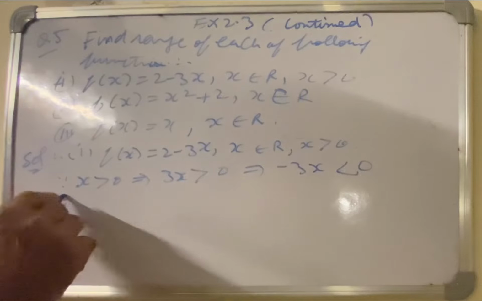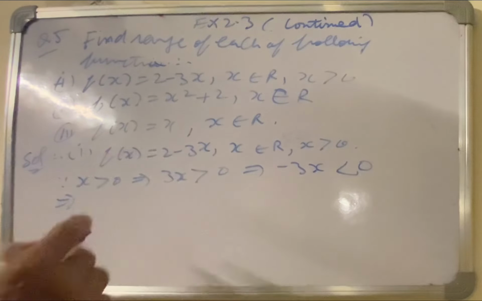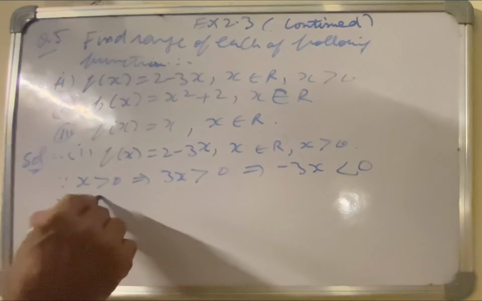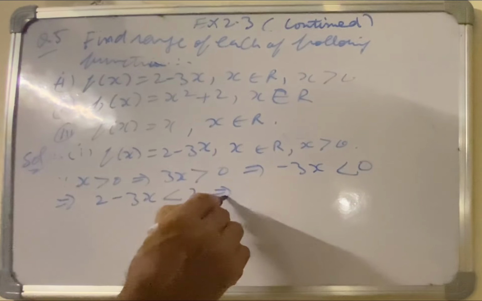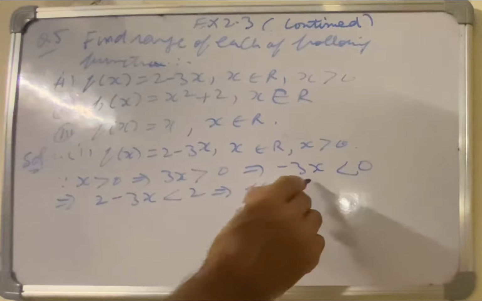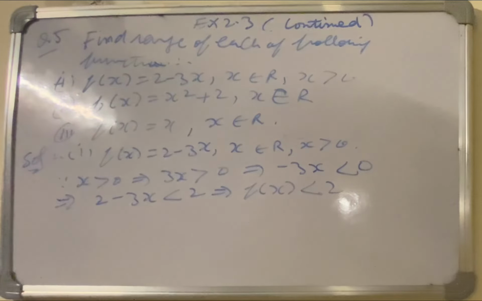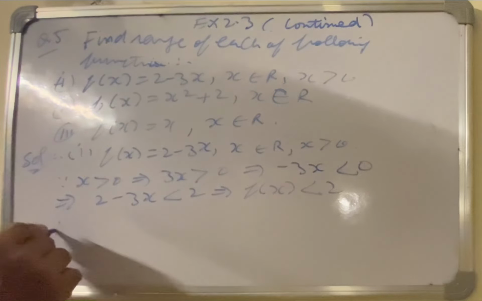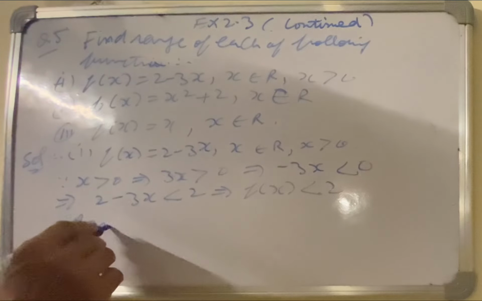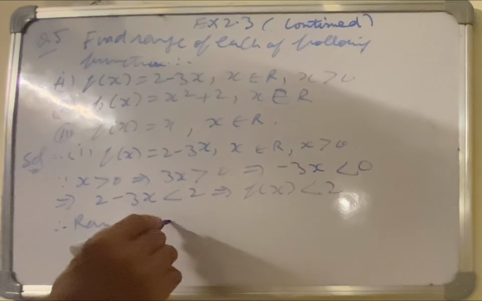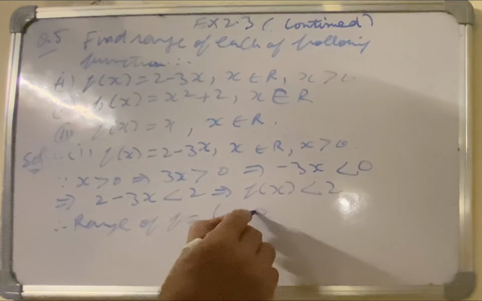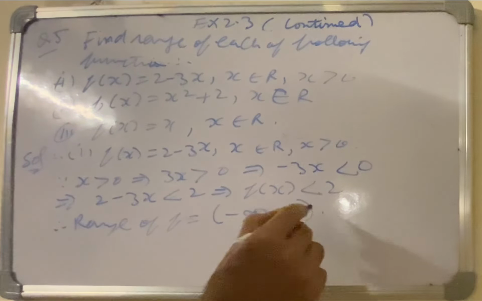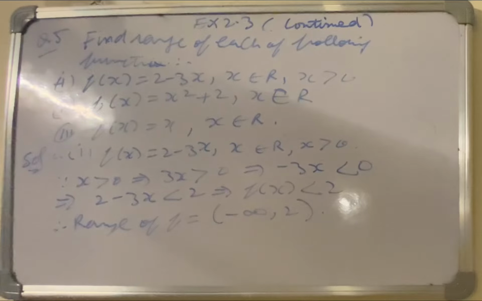Adding 2 on both sides to get 2 minus 3x, it is 2 minus 3x is less than 2, which implies f(x) is less than 2. So f(x) is nothing but the range. Therefore, the range of the function is minus infinity to 2, open interval.